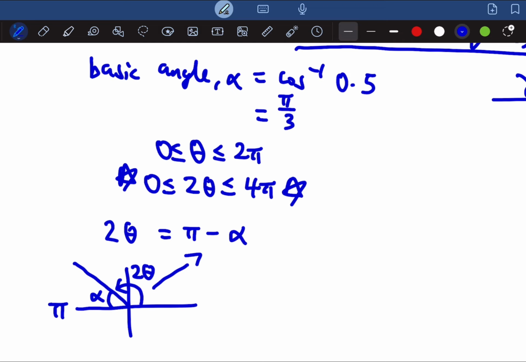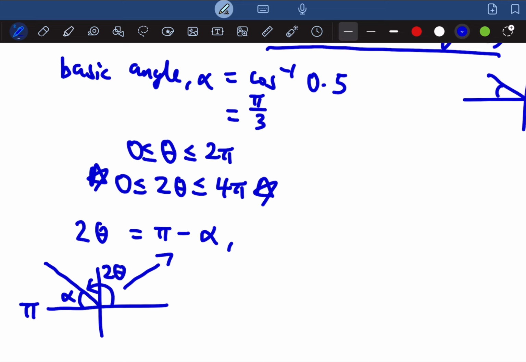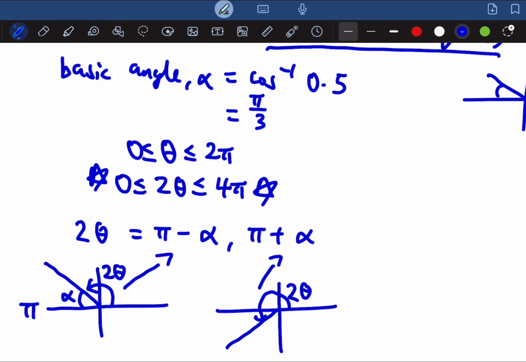So that's why the angle 2 theta is pi minus alpha. Then in the third quadrant, it is pi plus alpha. Why? Because in the third quadrant, this is the 2 theta, and here is my pi. So this is my alpha. So that's why it's pi plus alpha.